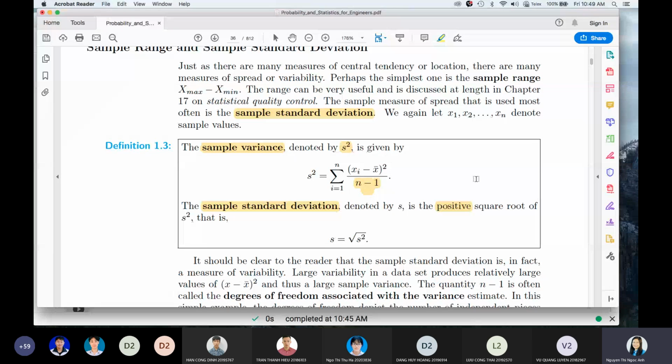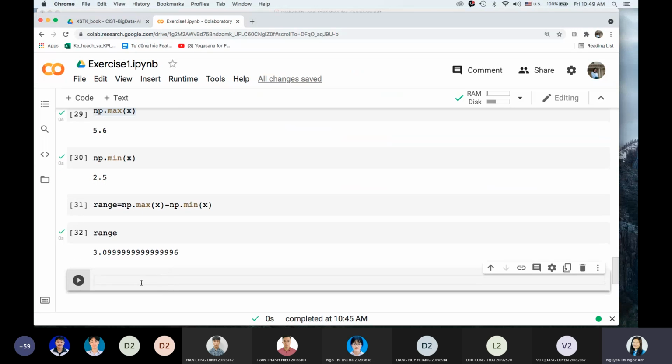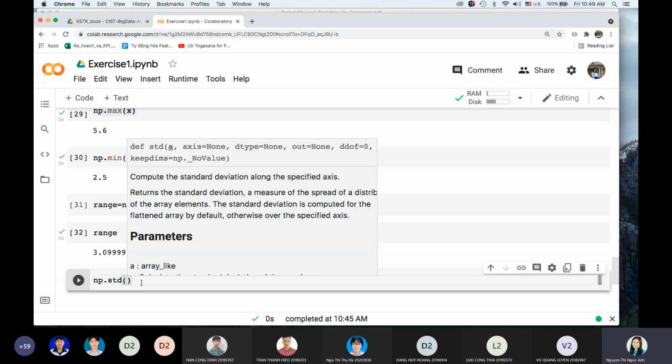From this, we can compute with NumPy, std. STD is denoted for standard deviation.